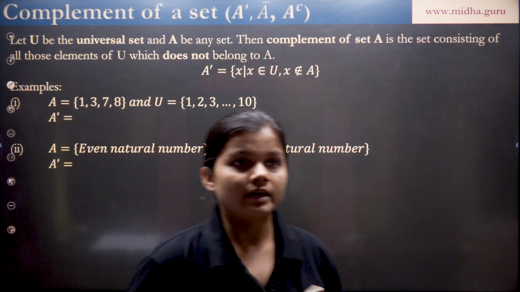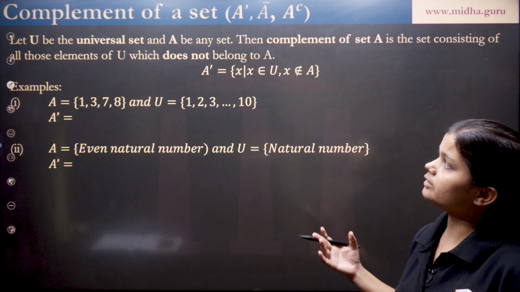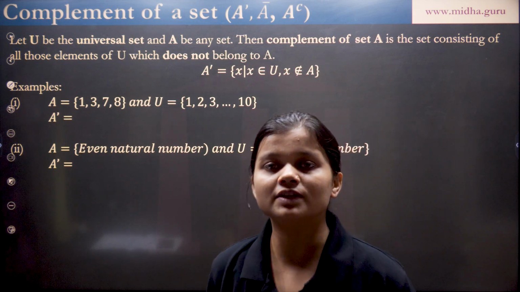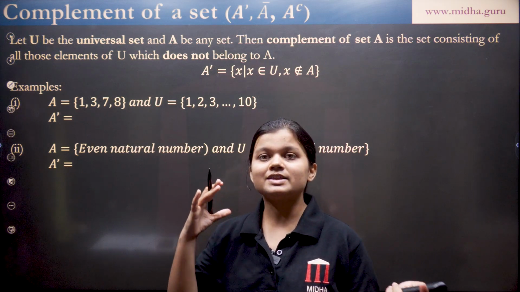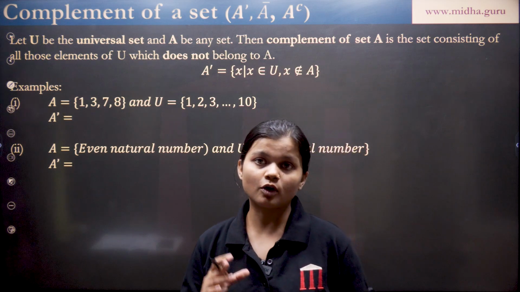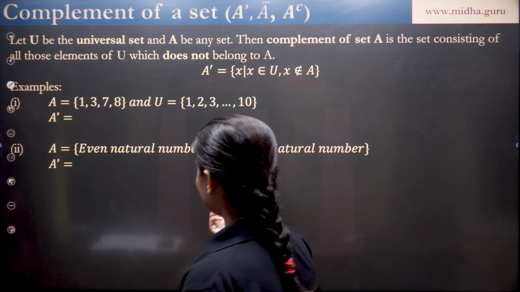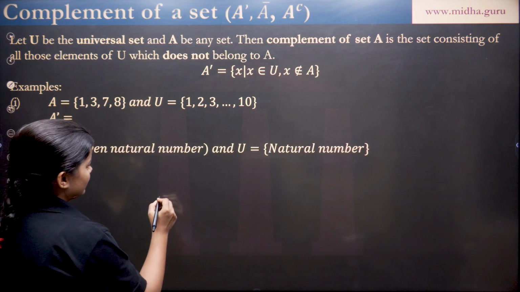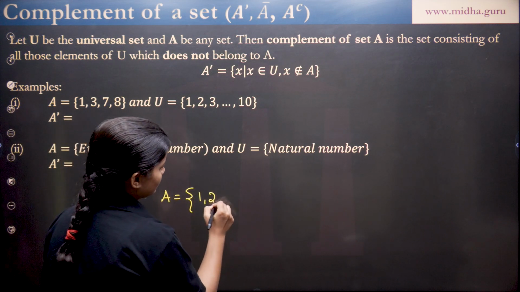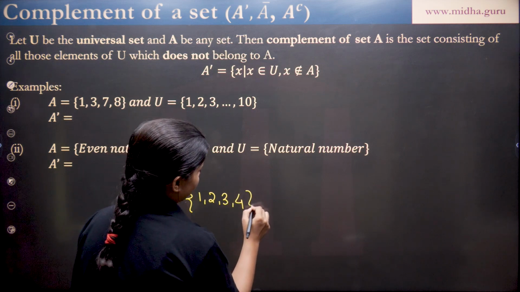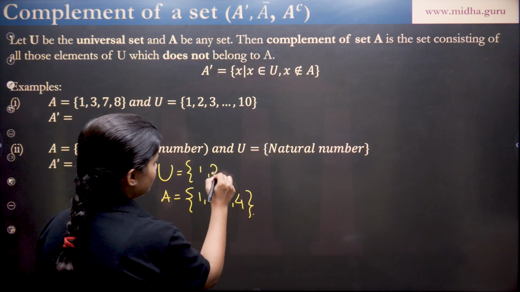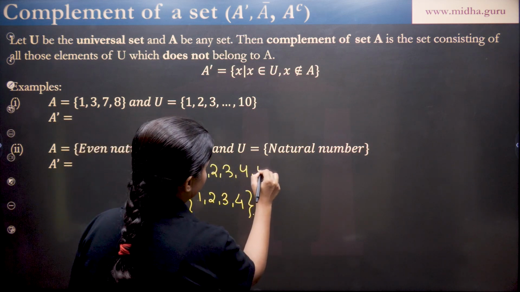Okay, now the another topic is complement of a set. What is complement of a set? Complement of a set means for any set A, we can find the complement by subtracting that set from the universal set. For example, let us consider any set A is 1, 2, 3, 4, and a universal set which is 1, 2, 3, 4 and 5.